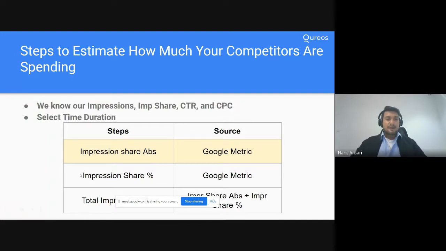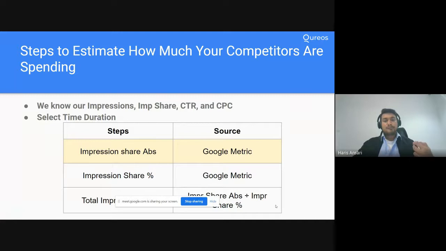So where were we? We were discussing the impression share percentage, the impression share we got from the campaign. That we can also see from the Google metrics. By using these two numbers, we can calculate the total impressions of that particular keyword or campaign. I know what impression share percentage I am getting, and I know the number of impressions as well.